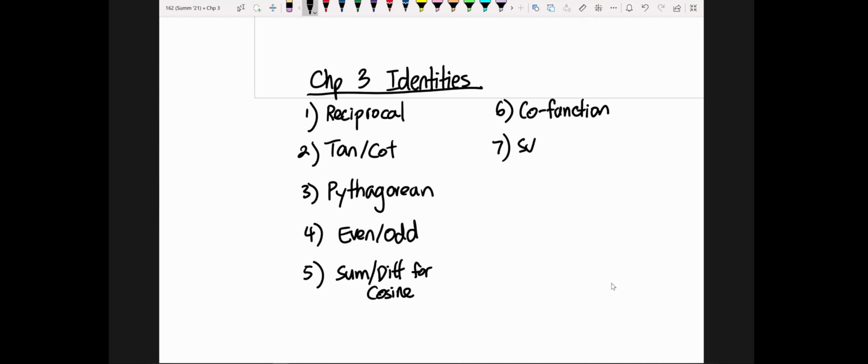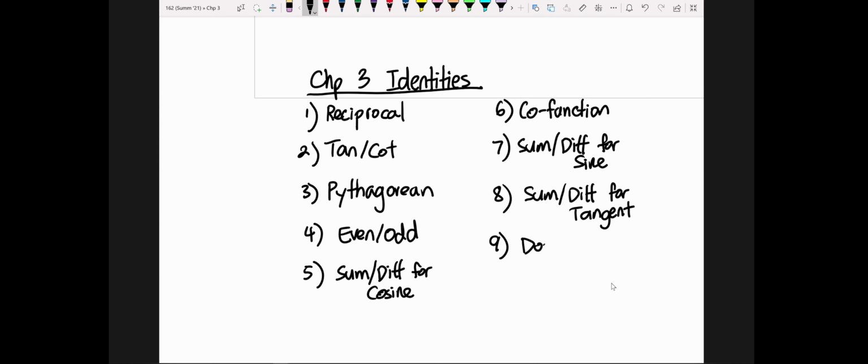Sum and difference for sine. Sum and difference for tangent. And then the last two that we covered in section 3.5, this section, were the double angle identities and the half angle identities.